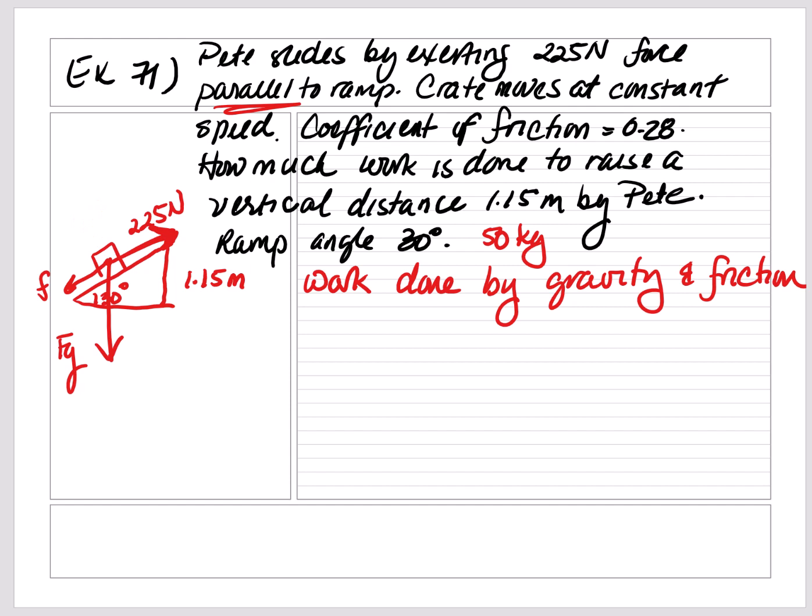Now we're going to find the work due to friction. In order to do that, we need to complete the free body diagram. You know there's a normal force perpendicular to the ramp. Now I'm going to take my normal and extend it back to resolve my weight, because my weight is at an angle. Remember, on a ramp, this is my x and perpendicular to that is my y.